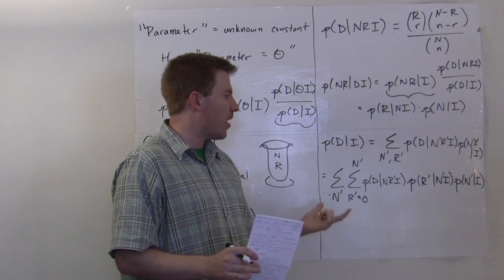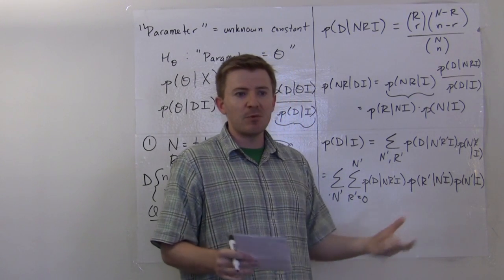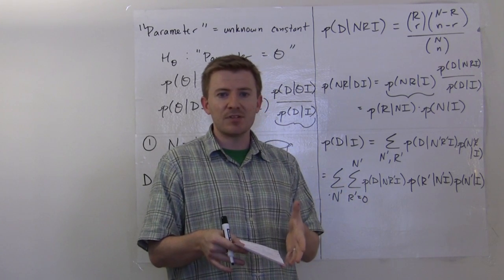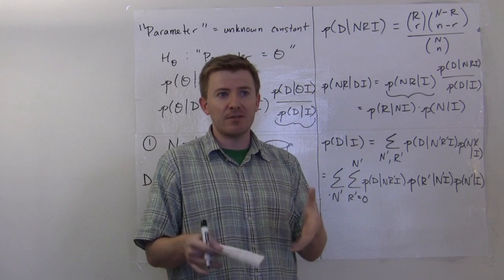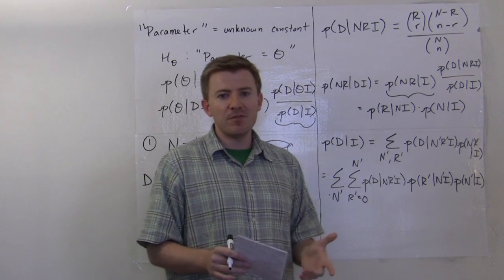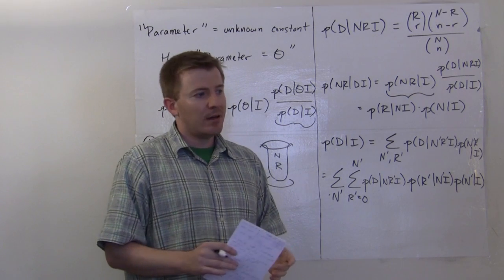So the whole question of the problem is, what are these priors? What kinds of reasonable prior information might we embed in the problem and then translate into assignments for probabilities of n and r? Jaynes mentions a few of these, and you can imagine whatever you want.